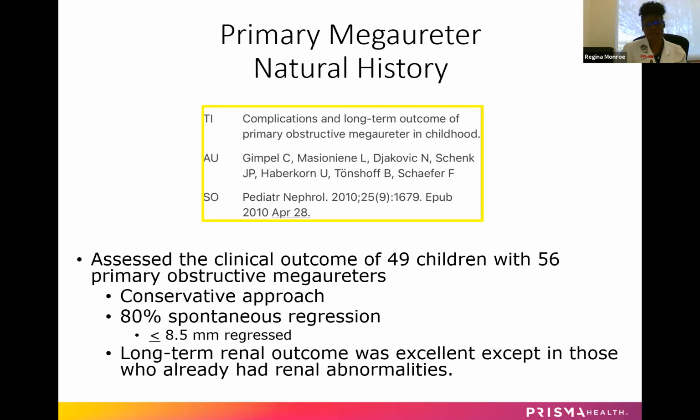And the long-term renal outcome for most of these children was really a good outcome, except for those cases who already had some type of renal abnormality, such as hypoplasia or dysplasia from cystic disease.